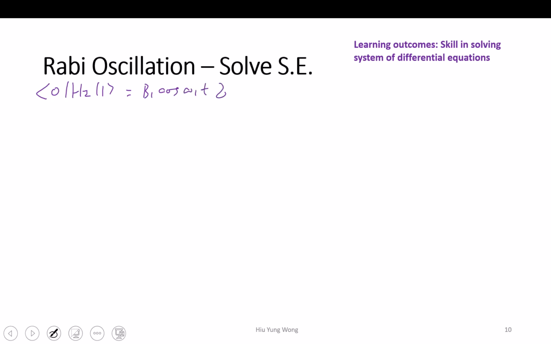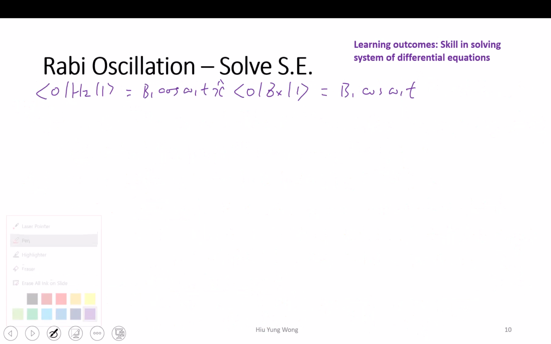And then we have sigma x, and then we have x hat, right? And then the whole thing times 0 sigma x 1, right? Because this is HI. Okay? So as a result, this gives us this B1 cosine omega 1t.